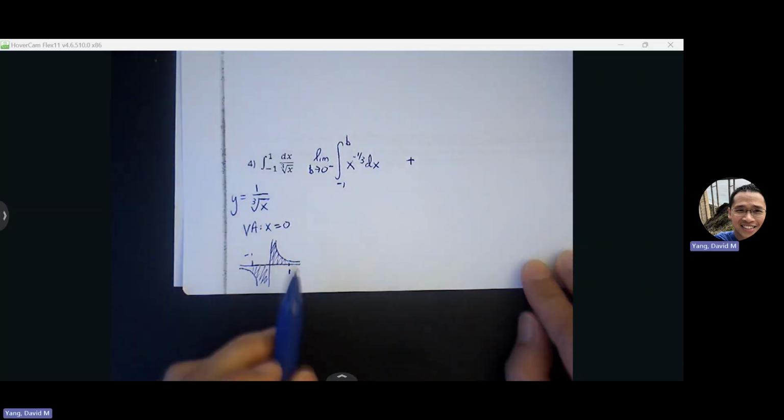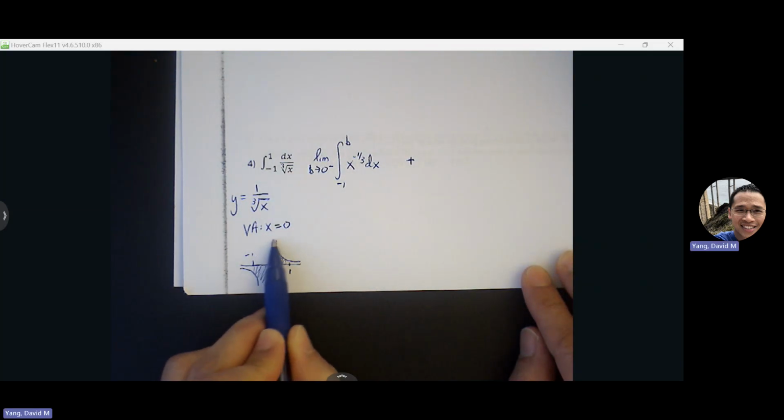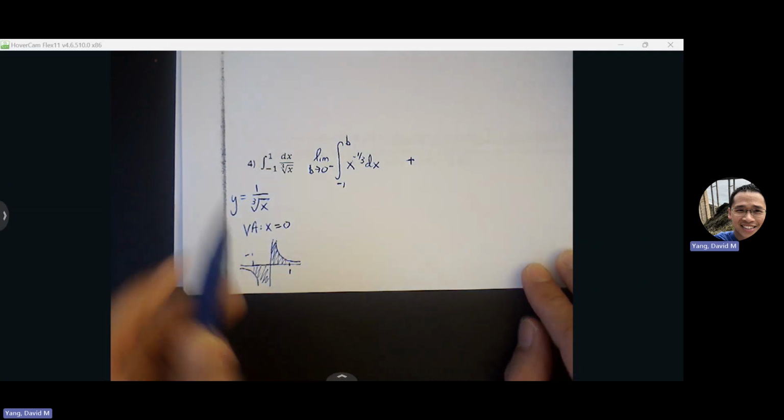And then separately, we've got to worry about this branch because this branch is also an open gap that we have to account for.